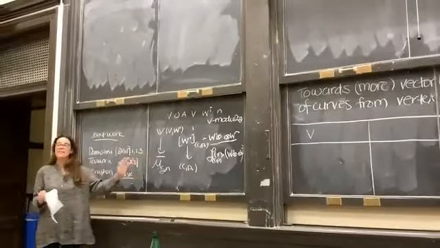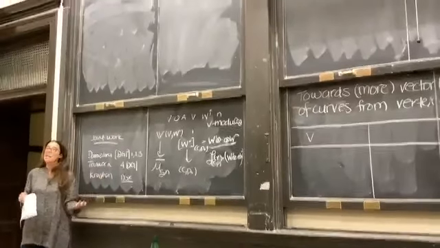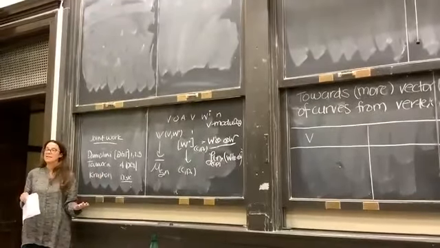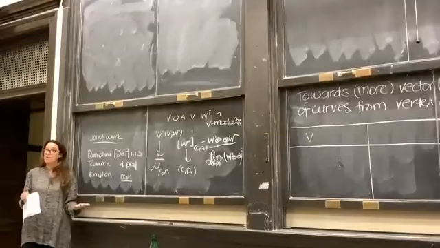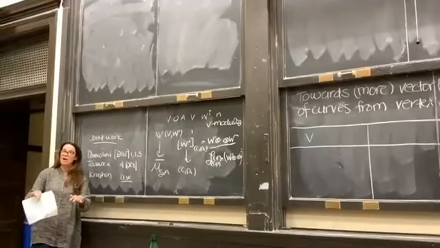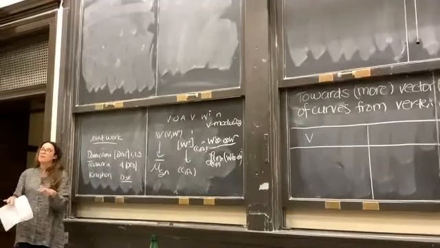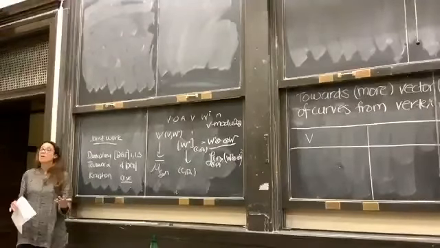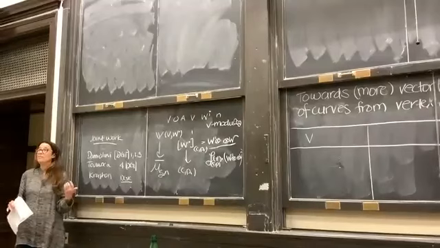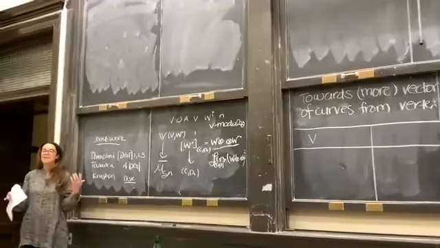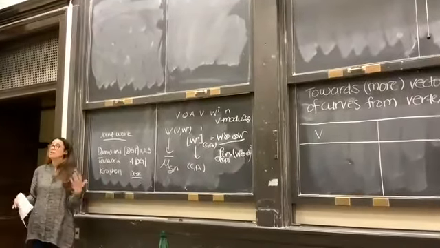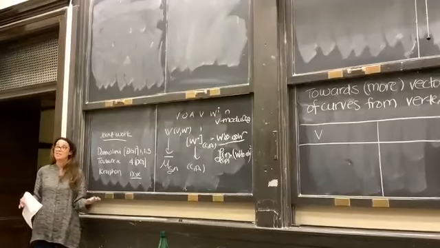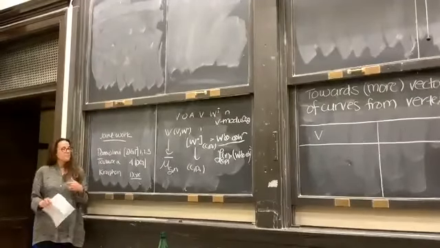To define these, we're going to attach a module over the vertex algebra to each of the marked points. And this is a good time to talk a little bit about the moduli space of curves. We work with the stack. The stack parameterizes families of n-pointed curves of genus g, which are stable according to Deligne-Mumford's definition.